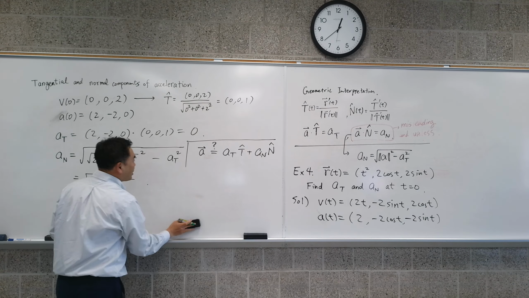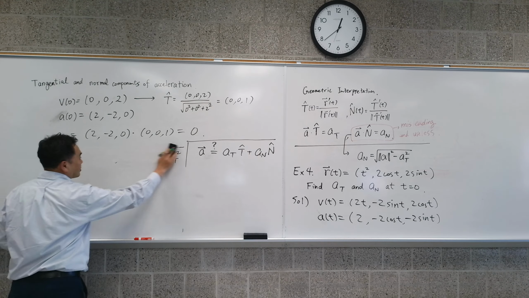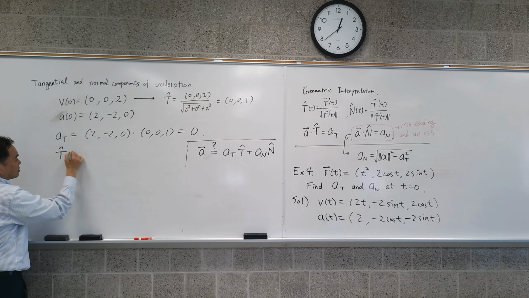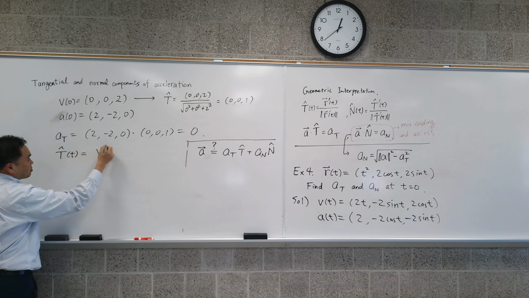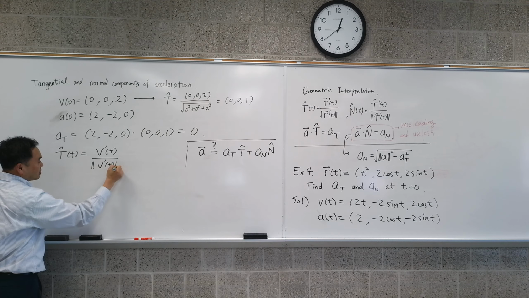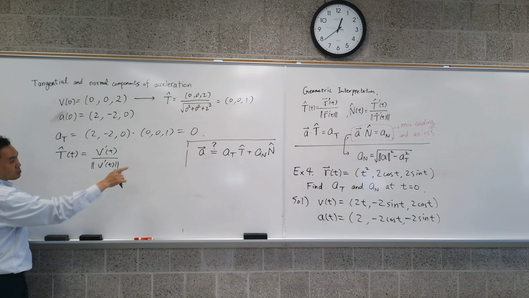The way you show that is by starting with t hat of t equals v prime of t over the norm of v prime of t. I'm trying to prove that statement.